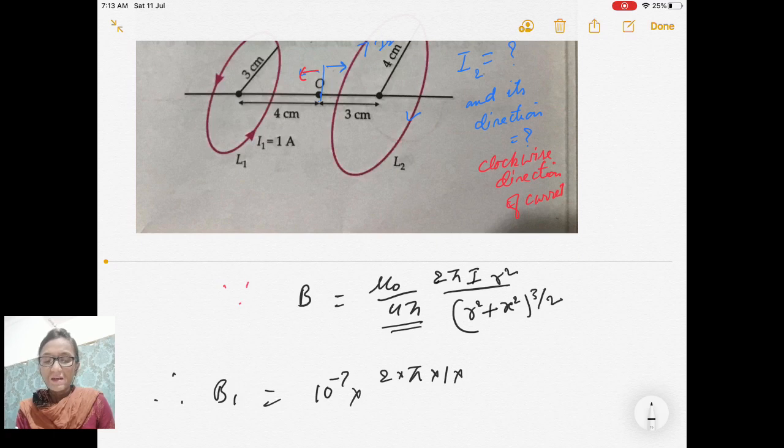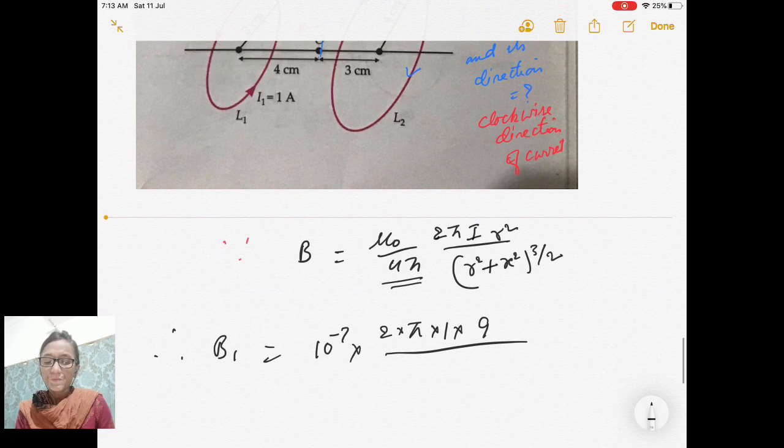The unit is not SI, but this distance is going to cancel from B1 and B2. R is 3 centimeters, so here you have 9 upon 9 plus 16, whole power 3 by 2.